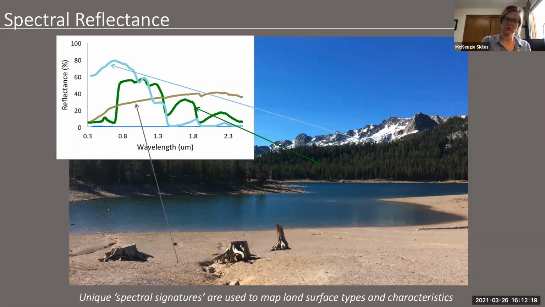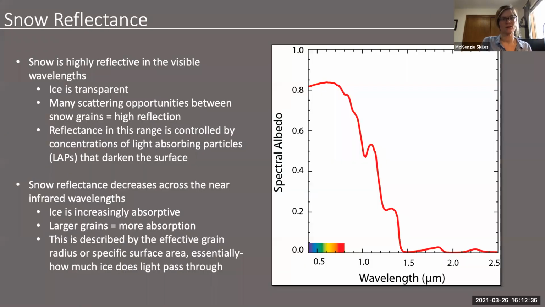Soil is pretty dark across the board, and water is very absorptive. These unique characteristics allow us to map these different land surface types and track how they change over time. So we're going to focus closely today on snow reflectance, and what makes up the snow reflectance curve, or the spectral signature of snow.